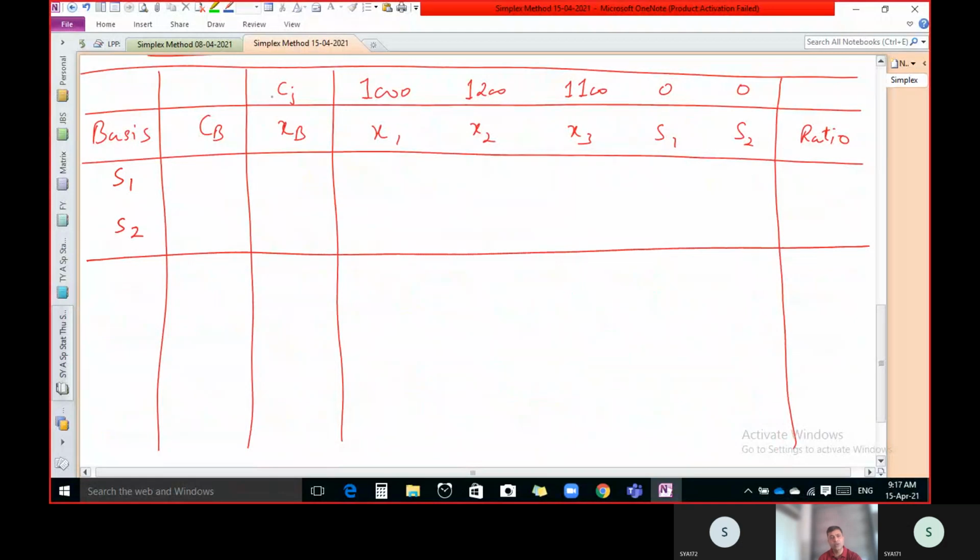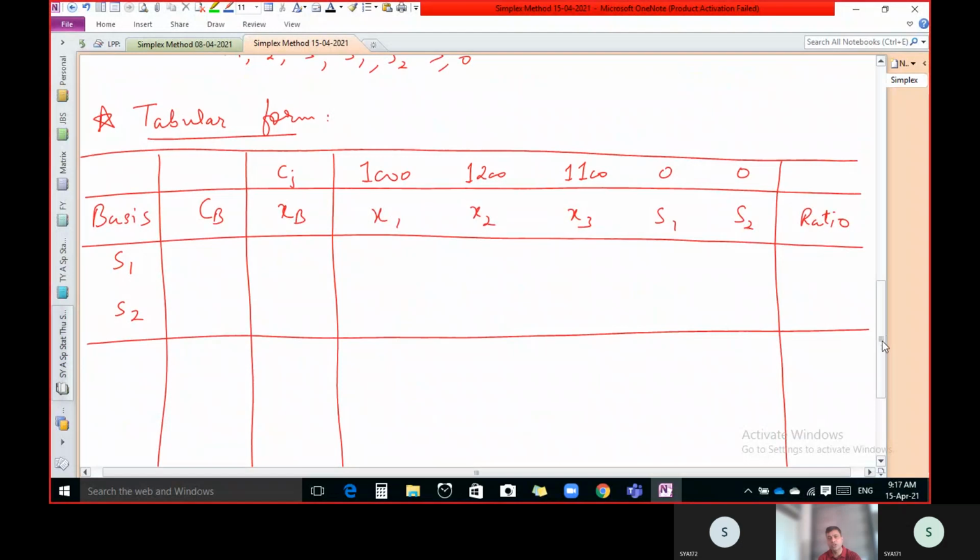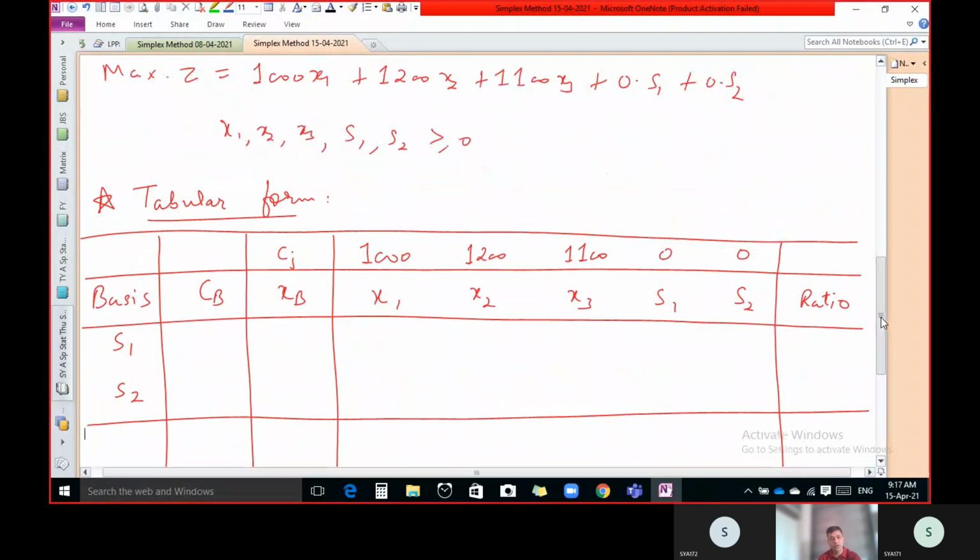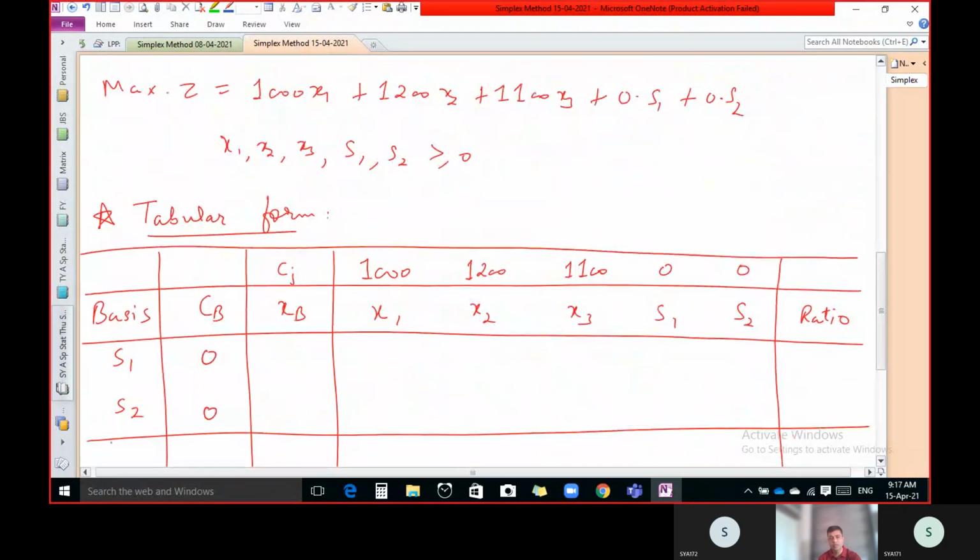C also stands for coefficient. This C and this C are both the same coefficient, but here you have to write for all variables, and here you have to write only for basis variables. So my basis variables are S1 and S2. The coefficient of S1 and S2 in the objective function is 0. So you have to write 0 here.